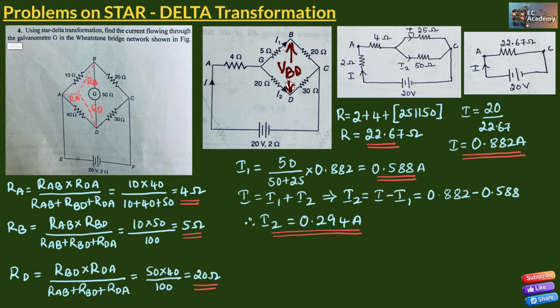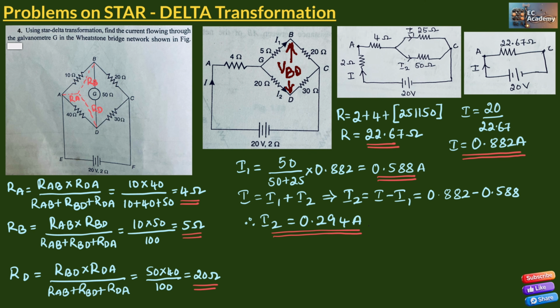Now, to find the current flowing through the galvanometer between point B and D, we need to find the potential difference between point B and D. So, to find the potential difference between B and D, let us apply KVL for this branch. So, we can say minus 5 ohm into I1 plus voltage between B and D plus 20 I2 will be equal to 0.